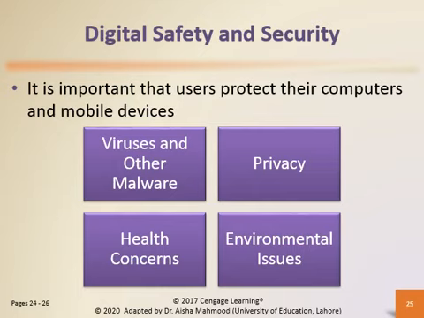Some techniques you can use to protect yourself from identity theft include shredding financial documents before discarding them, never tapping or clicking links in unsolicited email messages, and enrolling in credit monitoring services.